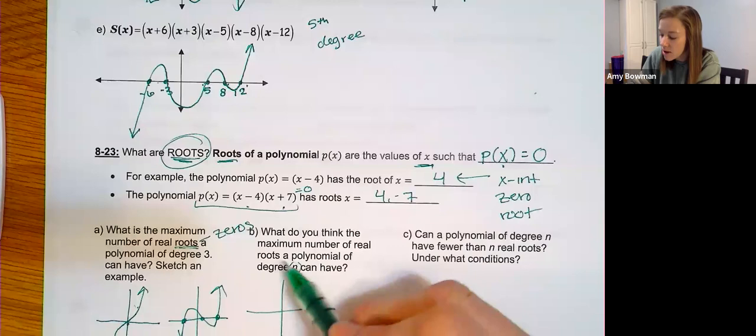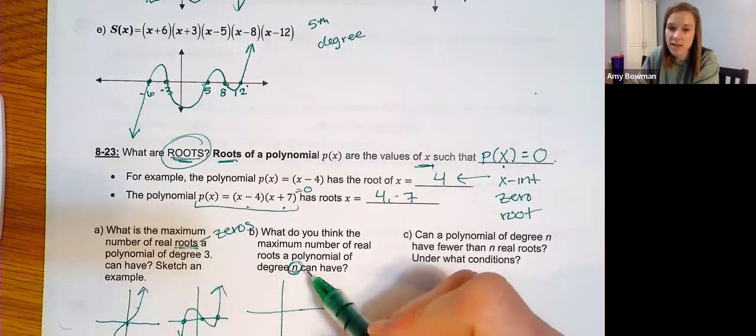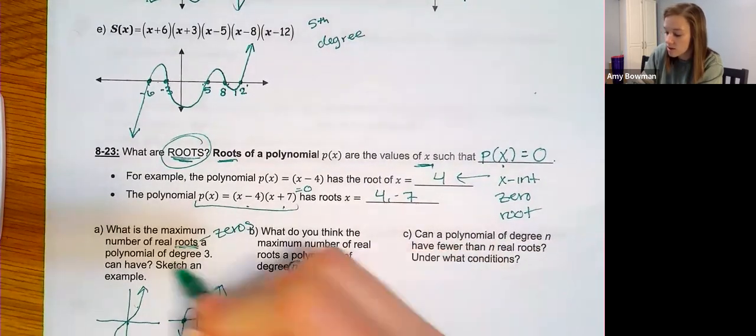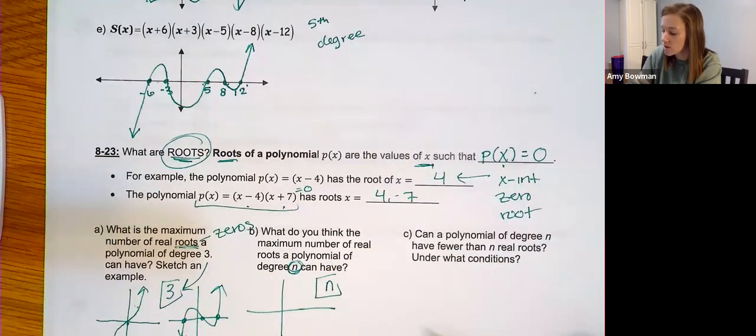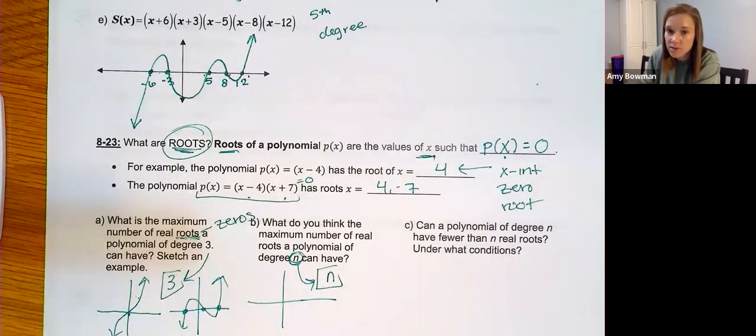The highest amount of times that it could touch the x-axis or have those roots is going to be whatever that highest degree is. So a third degree polynomial has at most 3 roots. An nth degree polynomial has at most n roots.